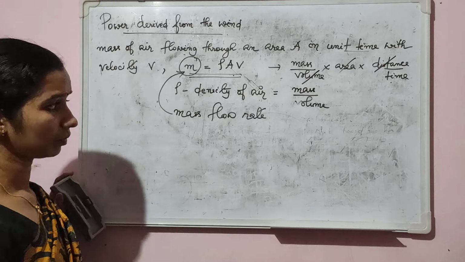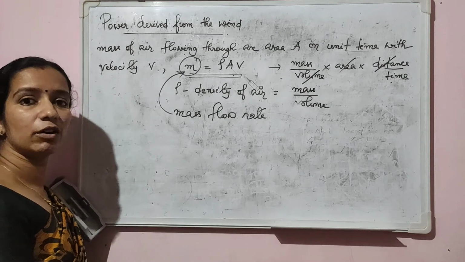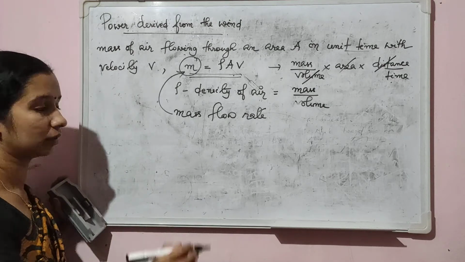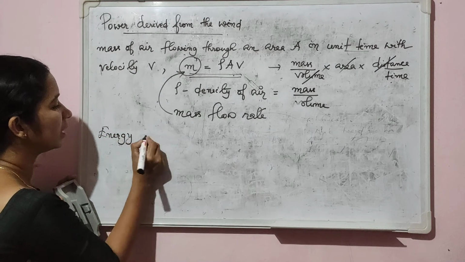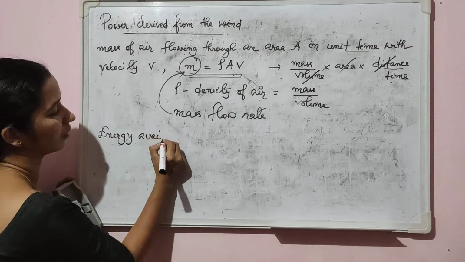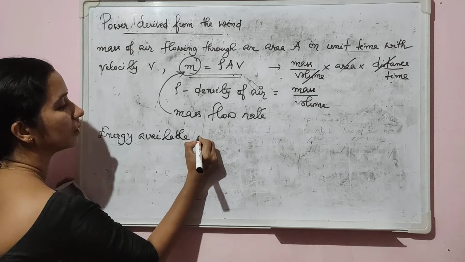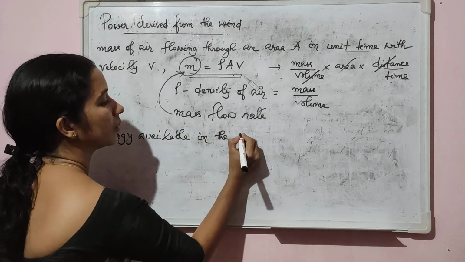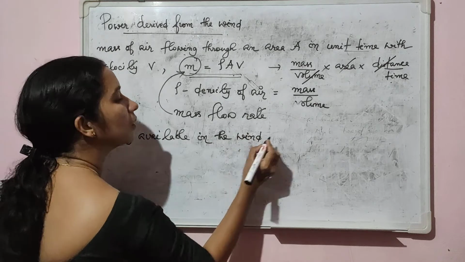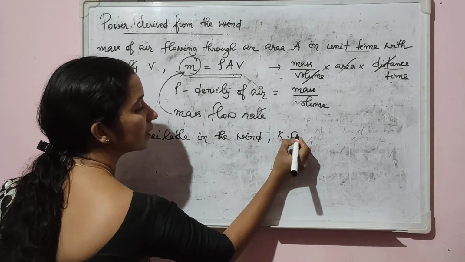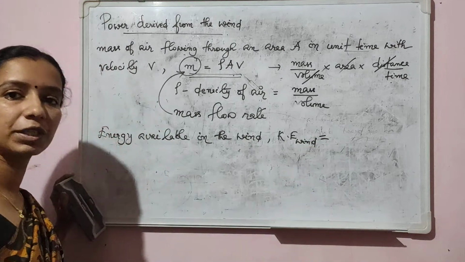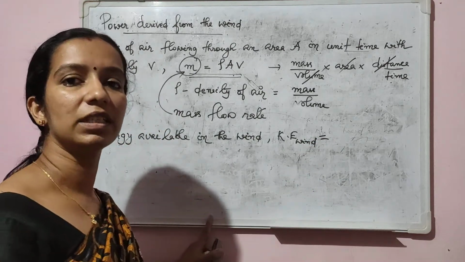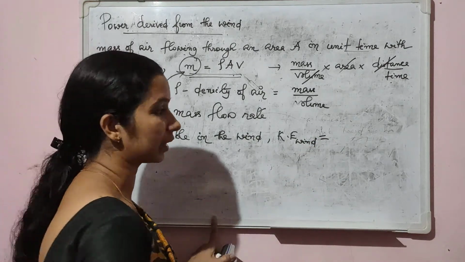So now we know that the energy of the wind is kinetic energy. Let us write the energy available in the wind. That is, the kinetic energy of wind is equal to, we already know the equation for kinetic energy, half m v square.